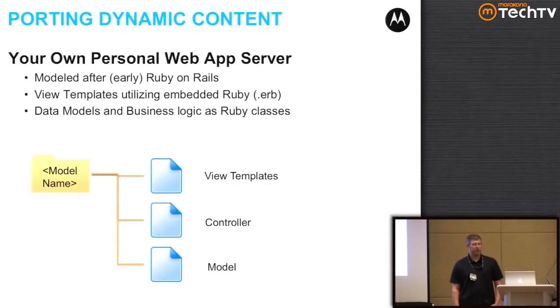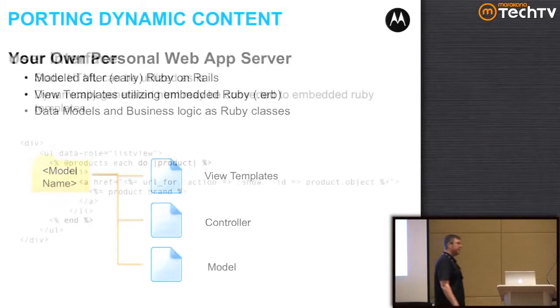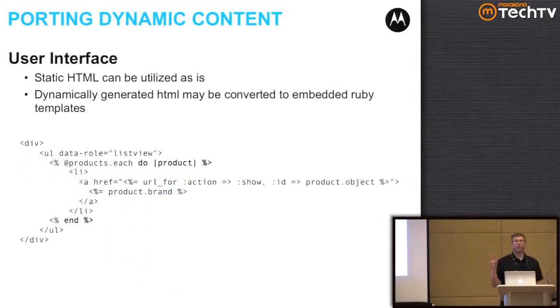Okay, so this is the Ruby model view controller framework, and these are the sort of targets that we're going to address as we talk about taking your web application and bringing it into our structure. So again, this is the fundamental structure. You'll have a folder with your model name, and then within that folder, you'll have those 3 types of files.